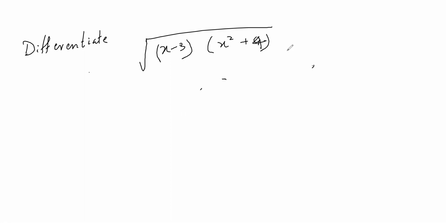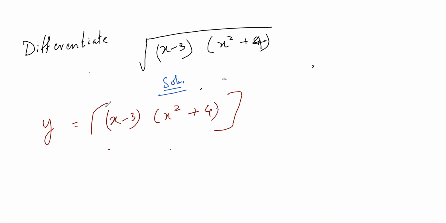First, write the solution. Currently assume you are stuck on what formula or what differentiation to apply. Write down x minus 3 into x square plus 4, the root I am putting as whole power 1 by 2. Up to this step everyone is clear?